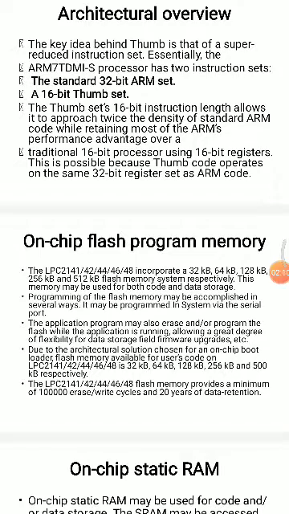The application program may also erase or program the flash memory while the application is running, allowing a great degree of flexibility for data storage and field firmware upgrades. Due to the architectural solution chosen, the on-chip bootloader leaves flash memory available for user code on LPC 2148: 32, 64, 128, 256 KB. The LPC 2148 flash memory provides a minimum of 1 lakh erase and write cycles and 20 years of data retention.